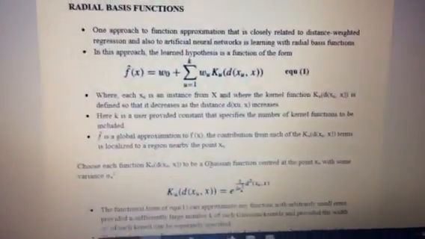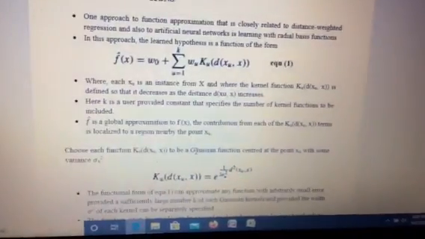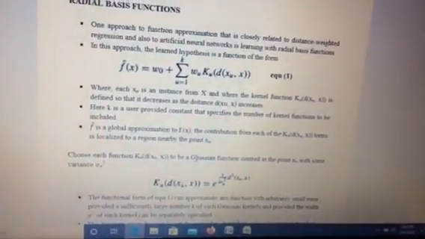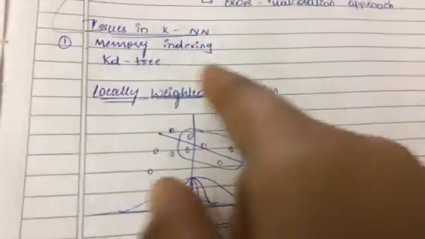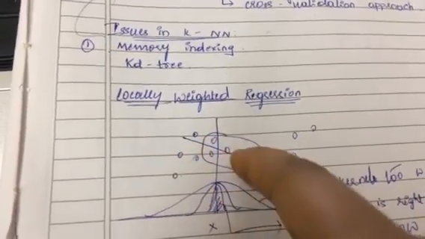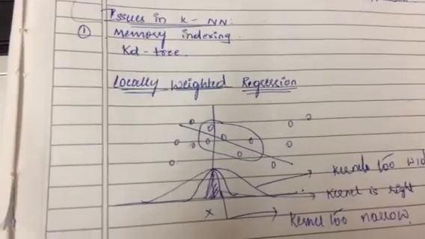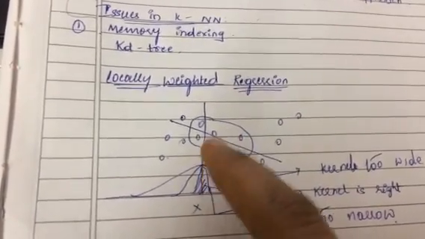We have studied global approximation and local approximation in locally weighted regression. In locally weighted regression, we considered some point of interest. The circle indicated here is the point of interest where we consider the nearest neighbors of the query point, and this area is called the local area.